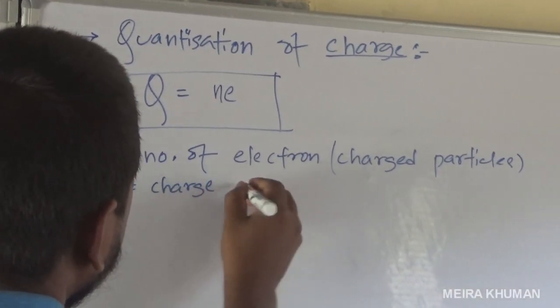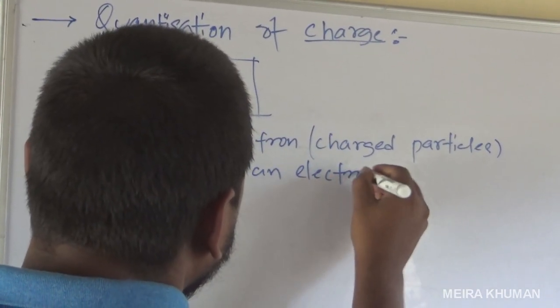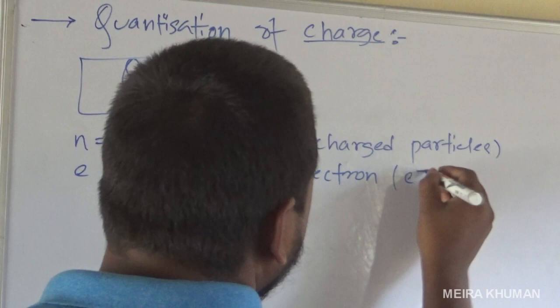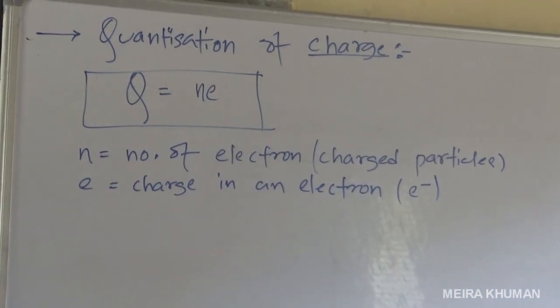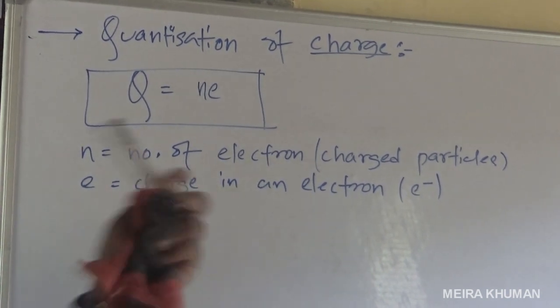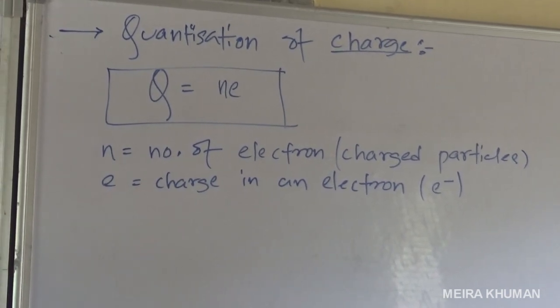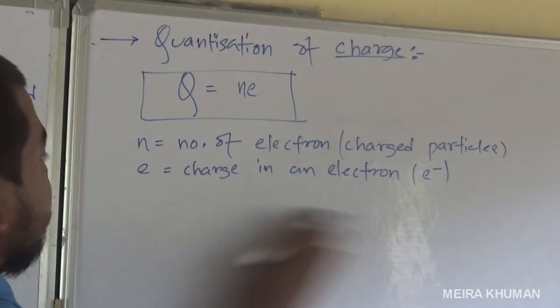Charge on an electron. Mostly I will be writing electron as e to the power minus. Clear that much? So quantization of charge says that the total charge in any charged body Q will be equal to n times e.